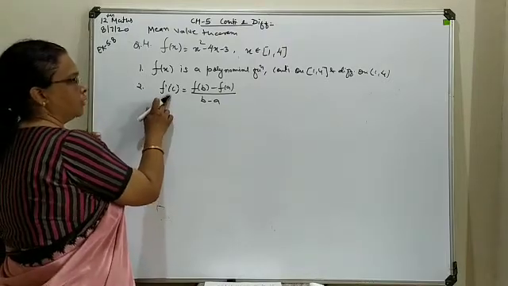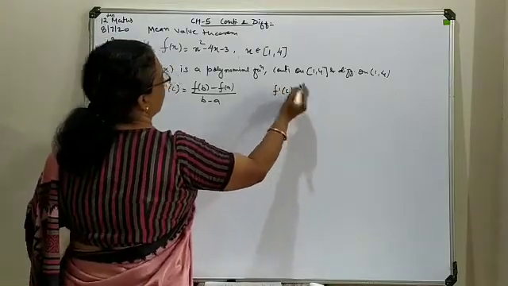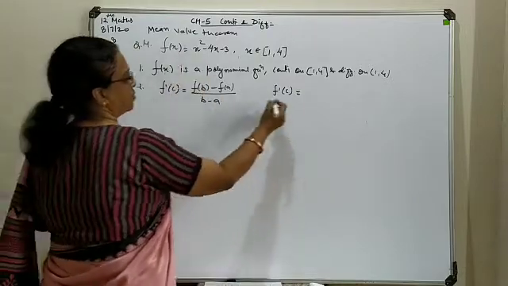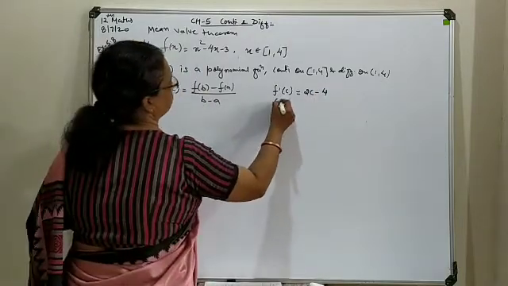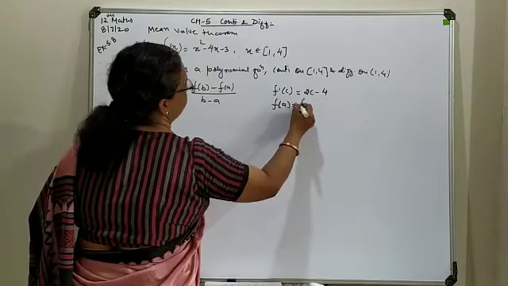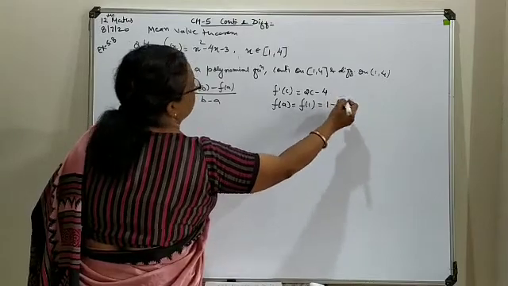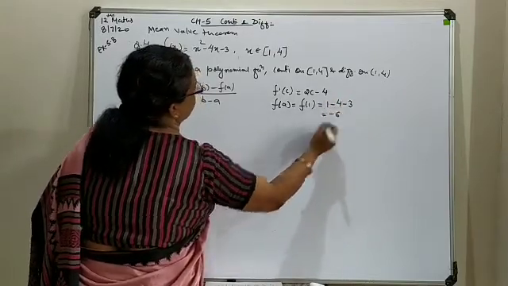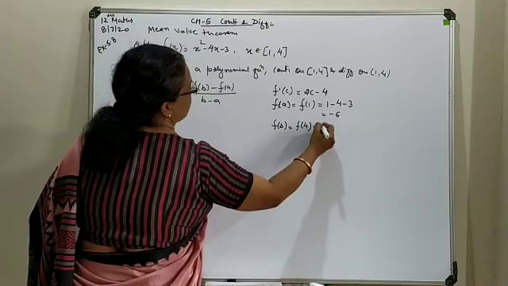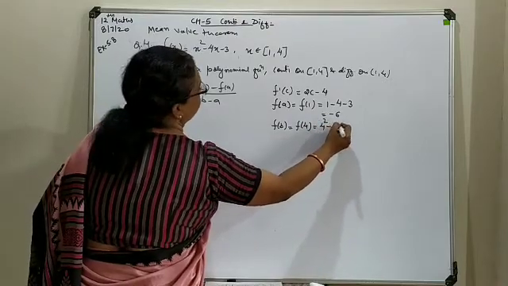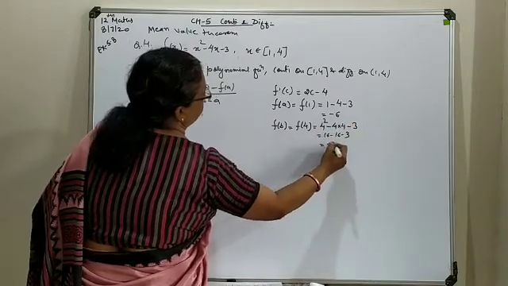First of all, go for evaluation of f dash c. f dash c means the derivative of the given function in terms of c, that means 2c minus 4. f of a means f of 1, so the value is 1 minus 4 minus 3, which is minus 6. f of b means f of 4, that means 4 square minus 4 into 4 minus 3, which is 16 minus 16 minus 3, finally minus 3.